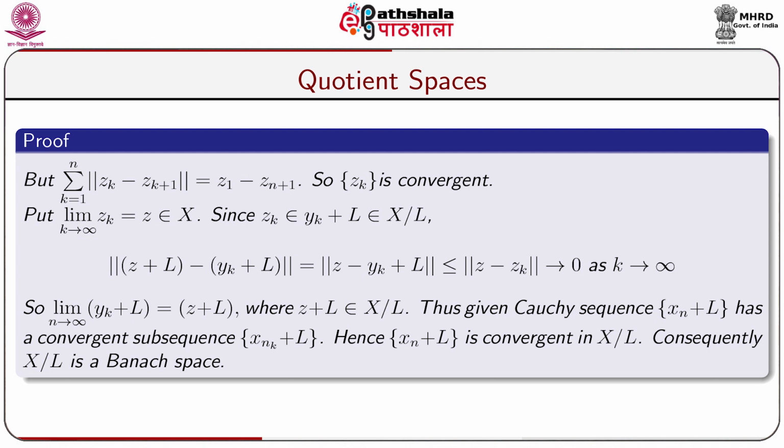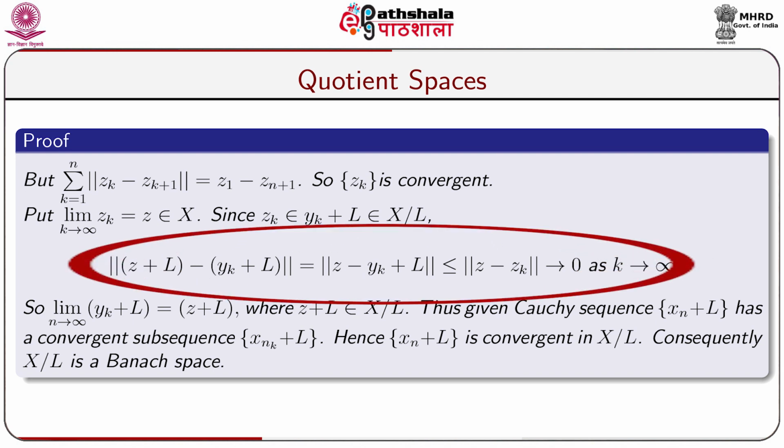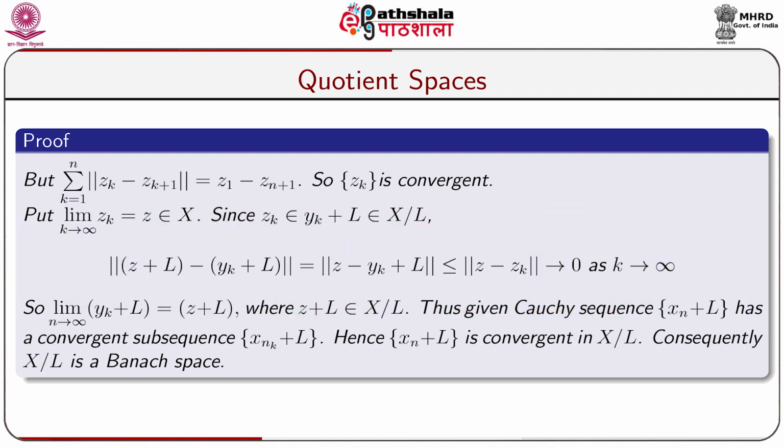Since zk belongs to yk + L and yk belongs to capital X, yk + L belongs to X by L. Now, the norm of (z + L) − (yk + L) is equal to the norm of (z − yk) + L. Here L − L is again equal to L, because L is a subspace.